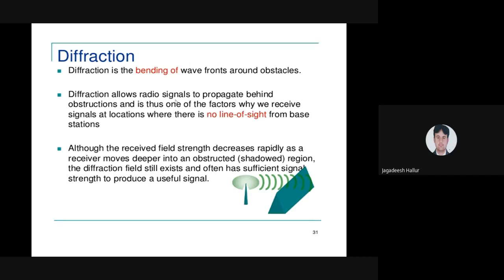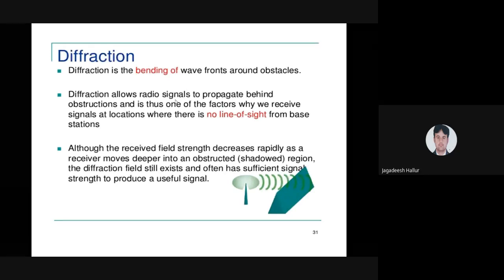It means that whenever your signal has to reach a particular destination, it reaches there with some delay. The delay happens because of these physical objects, which bend the wave and the signal.